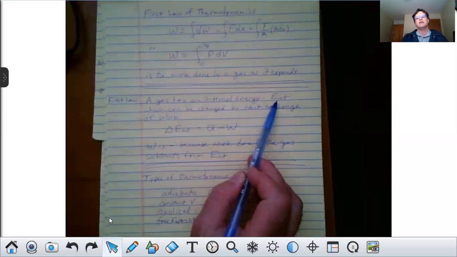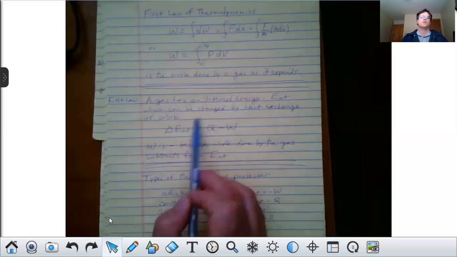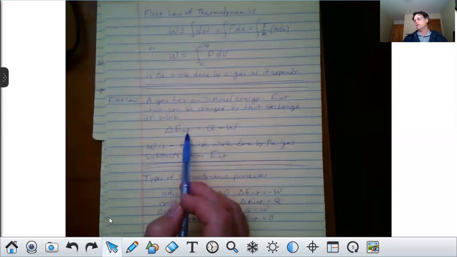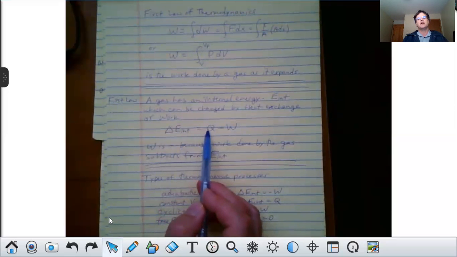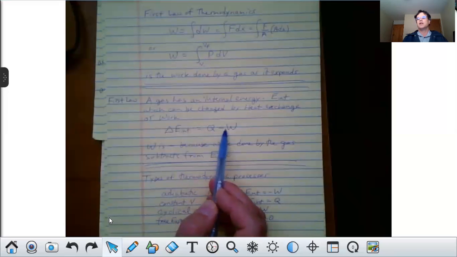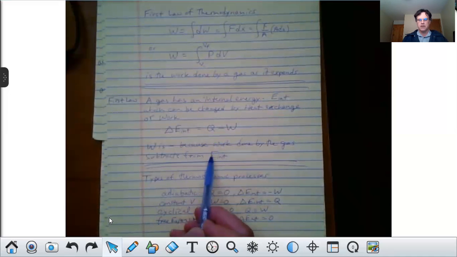So again, as I said, the gas has an internal energy. We're going to call that E internal. And it can be changed by heat exchange or work. So our statement of the first law of thermodynamics says the change in internal energy of a gas is equal to the heat added minus the work done by the gas. Now, I have a negative sign here, and the reason for that is the work done by the gas subtracts from the internal energy.